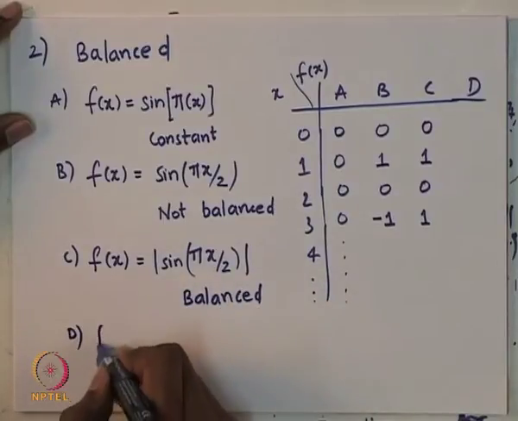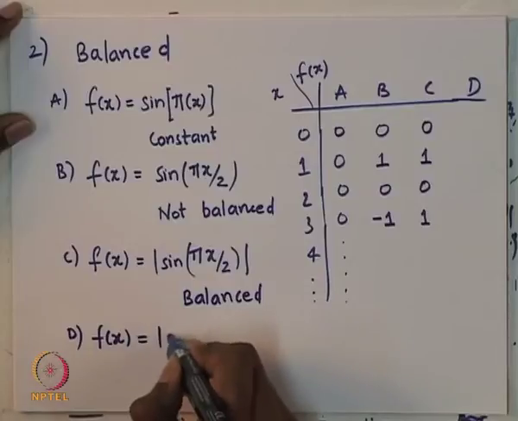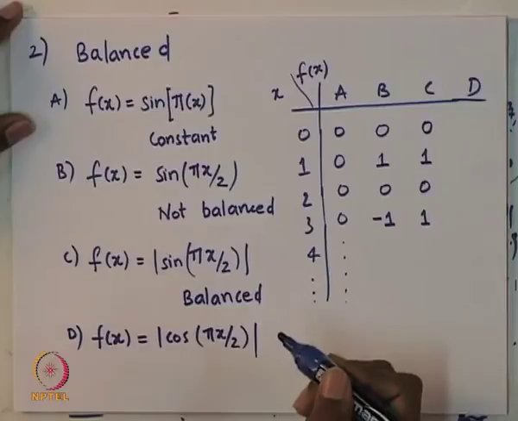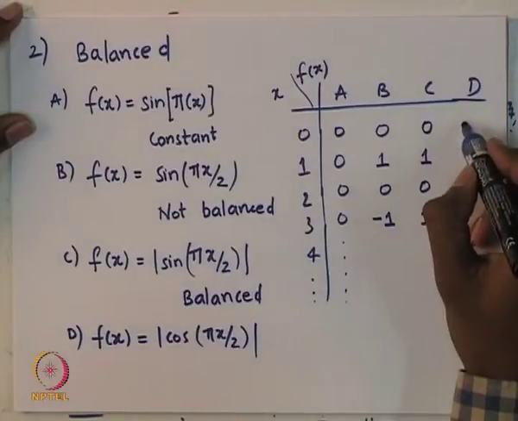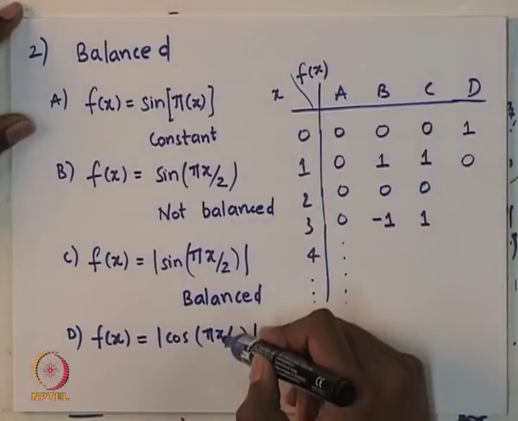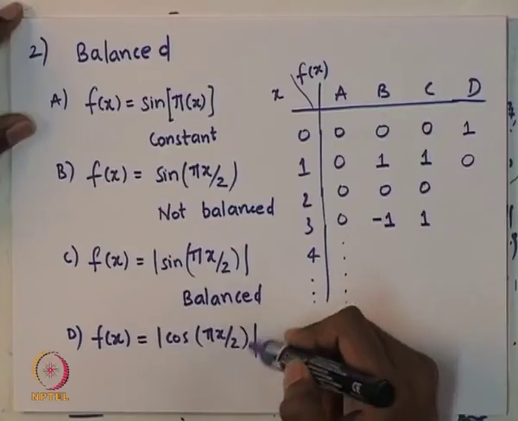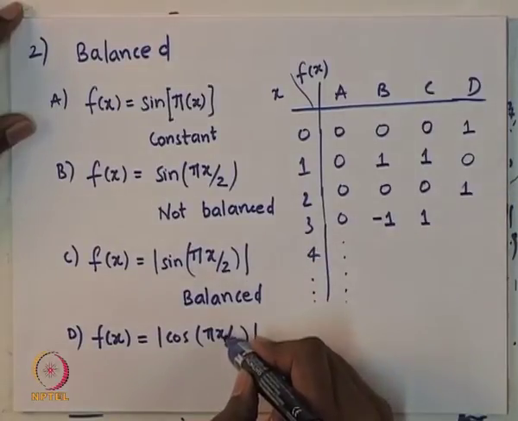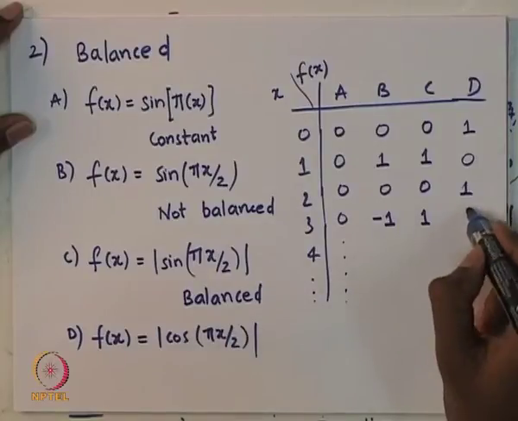Option D, f of x is equal to mod cos of pi x by 2. When 0 is substituted here, we obtain 1. When 1 is substituted, we obtain 0. When 2 is substituted, we obtain cos pi, which is minus 1, and the modulus of it is 1. When 3 is applied, cos 3 pi by 2 is 0.